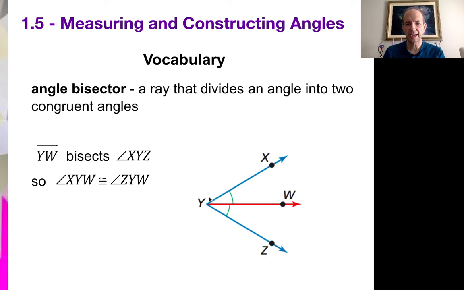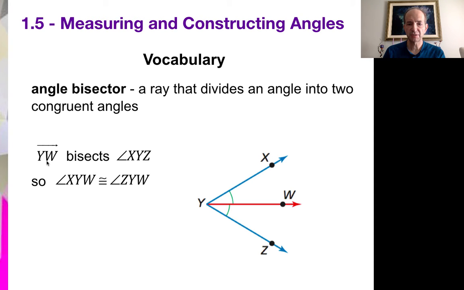So no matter what angle I have, the interior can be divided into two equal pieces or two equal angles. And in this particular case, if I want to show that an angle is congruent, I draw this partial arc here, and I drew a partial arc here. And these mean that these two angles are the same measure or they're congruent.